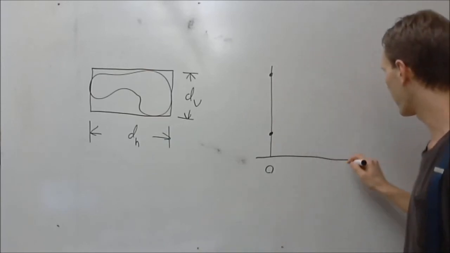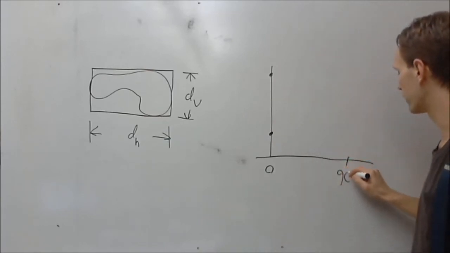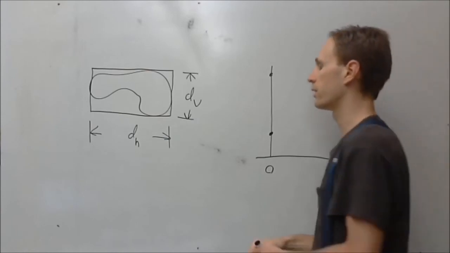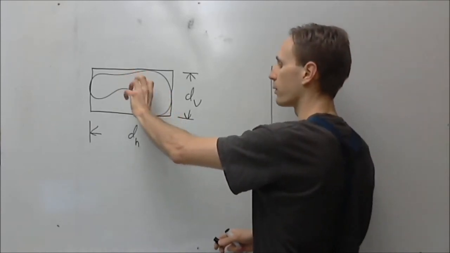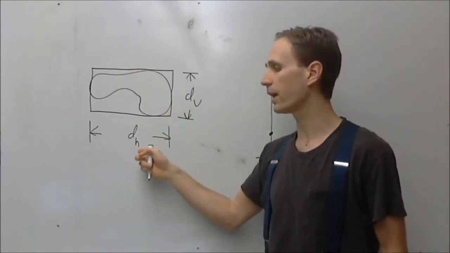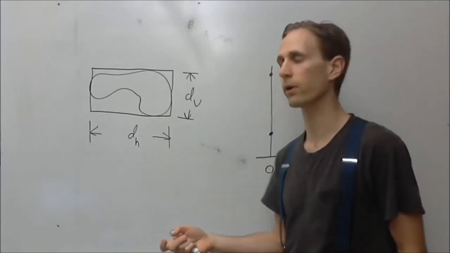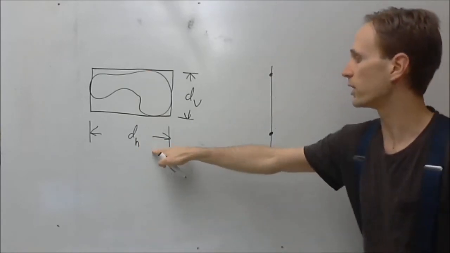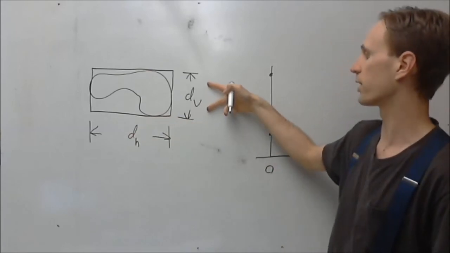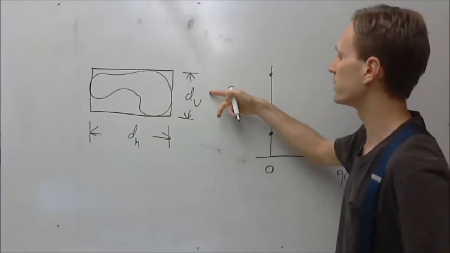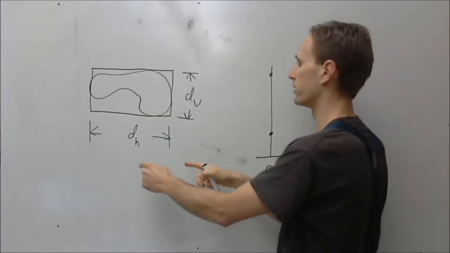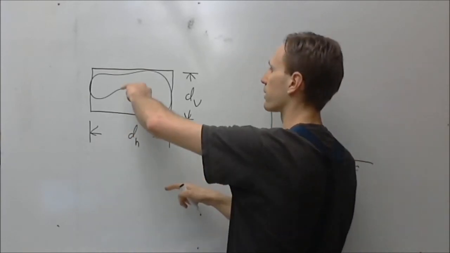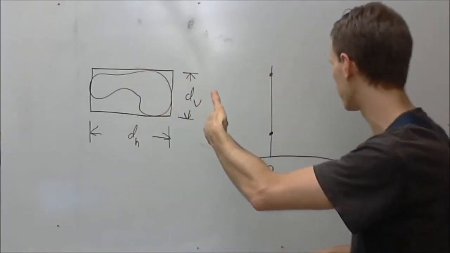Now imagine what happens as I rotate this figure 90 degrees. dV and dH exchange places, right? dH is going to shrink down and be the size dV is now, and dV is going to expand to be the size of dH after I turn this thing 90 degrees.